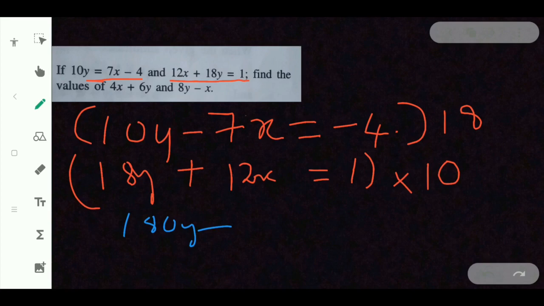And 7 into 18, that is 126, which is equal to 4 into 18.